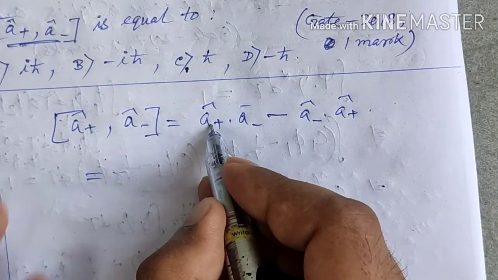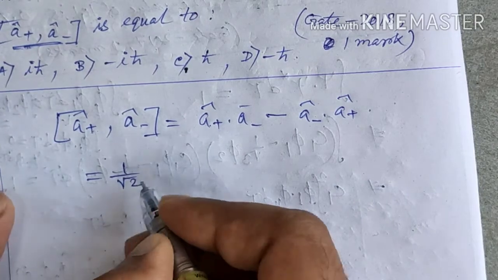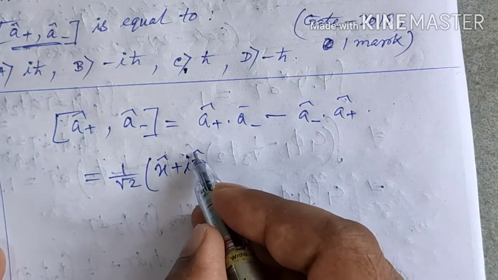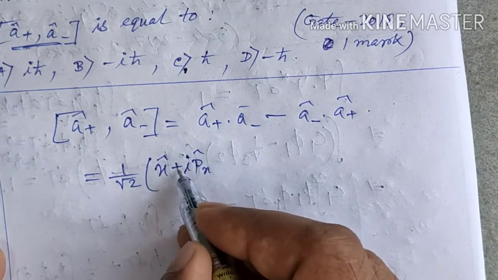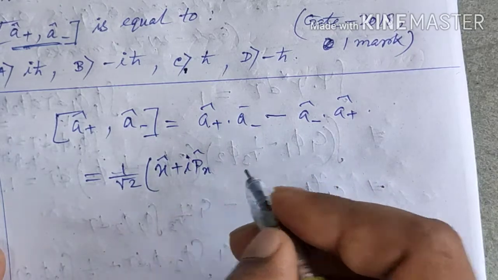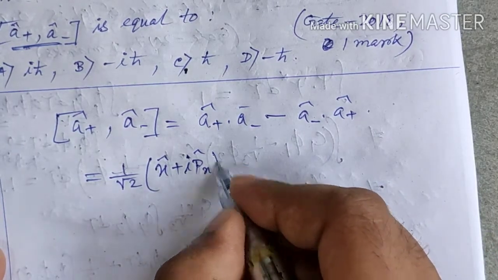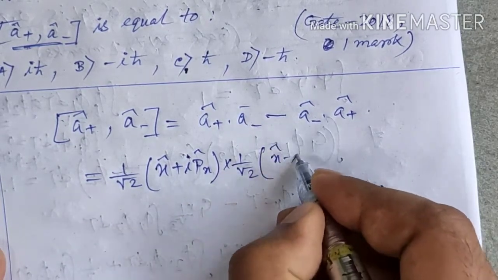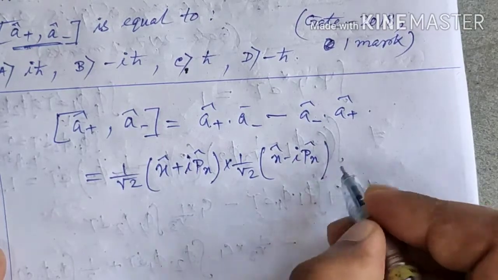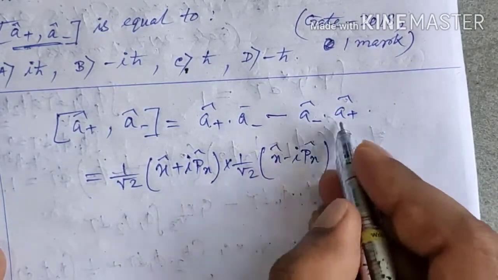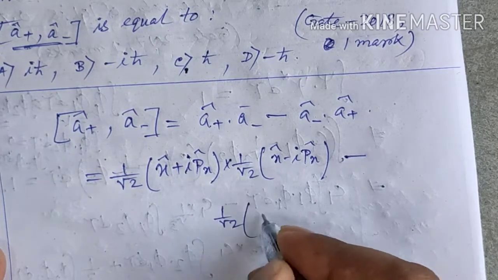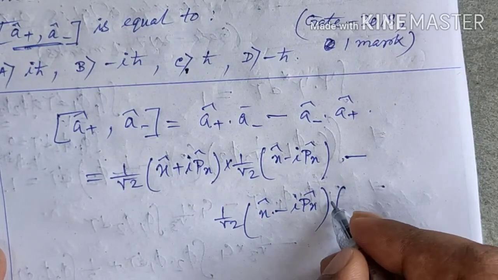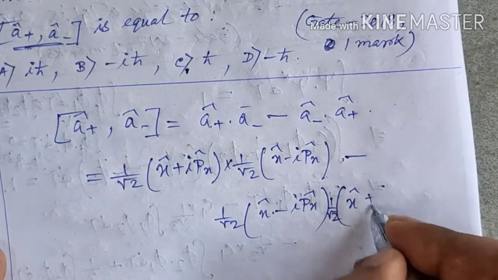If we put the value of a plus, that is 1 by root 2 into x plus I px. If I forget to give the cap on the operator, then please forgive me. And a minus is 1 by root 2 into x minus I px. Similarly, for a minus a plus, it is x minus I px into 1 by root 2 x plus I px.